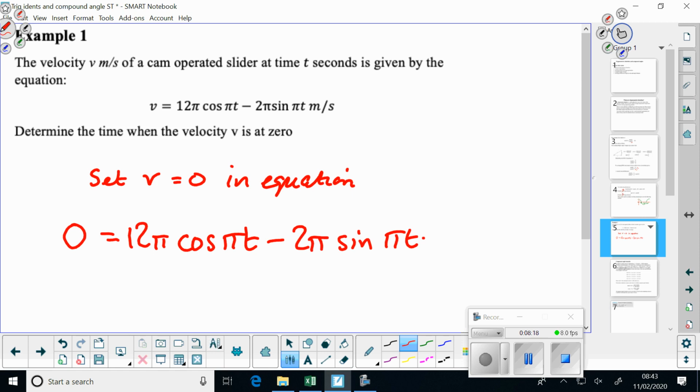So we need to get t on its own, but we've got two versions, one in a cosine function, one in a sine function. Can anyone see anything that we could do to simplify the start point? So anything common in there? Pi t is common to the two functions, yes.